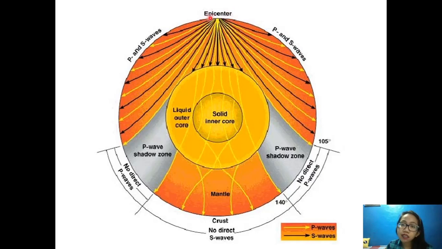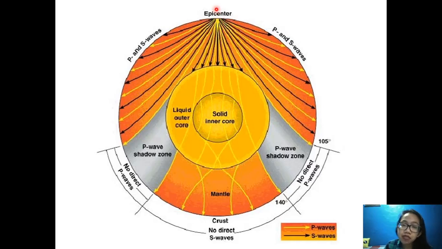Let's say that the epicenter of the earthquake is here, and you can detect the behavior of the P and S waves depending on the material that they are passing through. The S wave cannot pass through liquid.